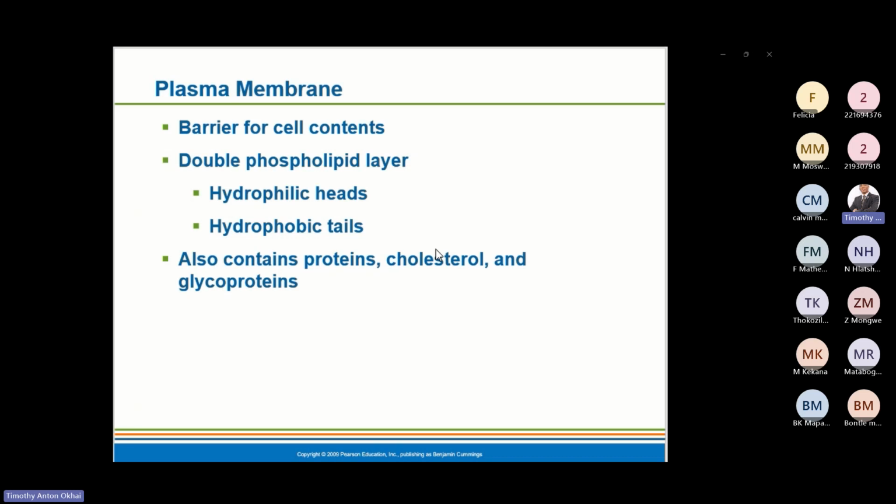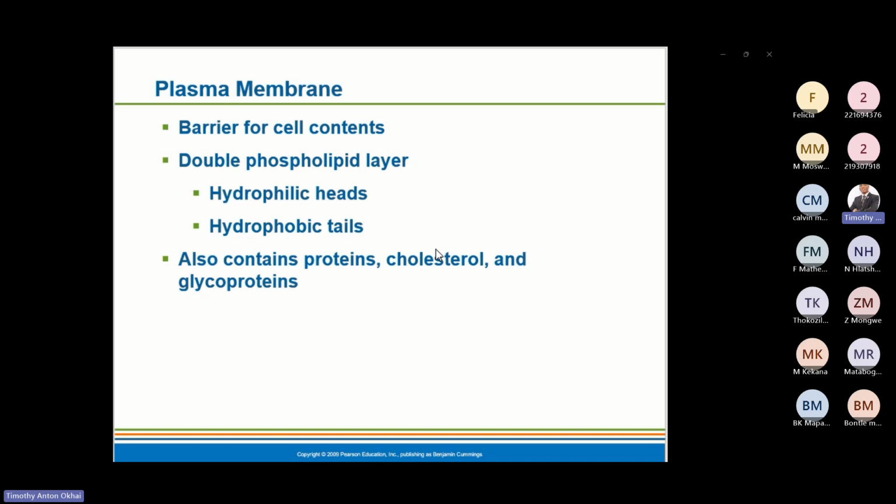Hydrophobic tail, it shies away from water. It moves away from the water. So the head is hydrophilic, the tail is hydrophobic. The plasma membrane's function is mainly to maintain the wholeness of cell and control passage of materials in and out of the cell.